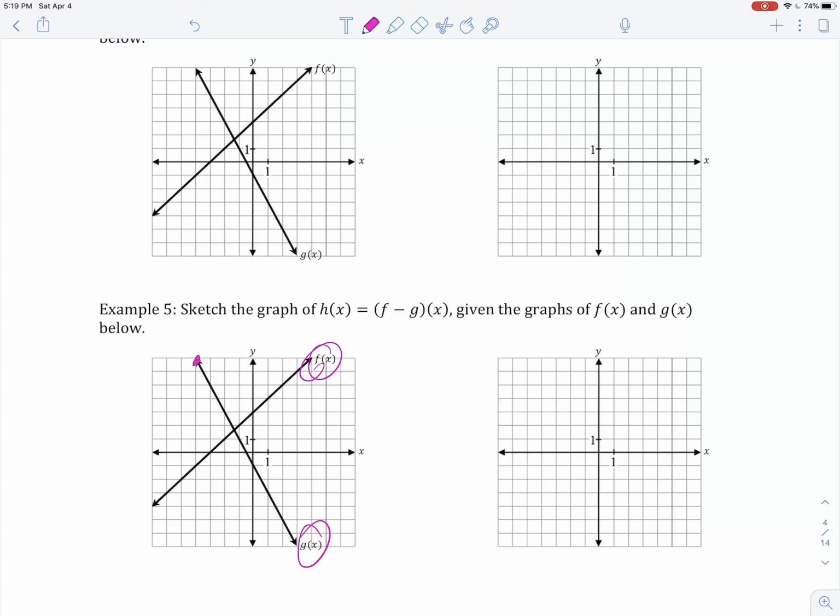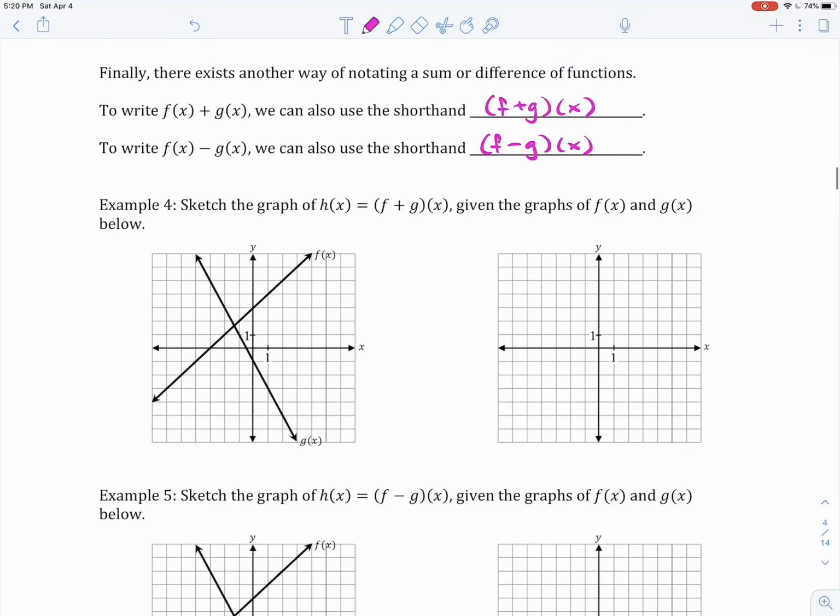I was like, yes, top one is f, bottom one's g. It was not the case. So just be careful of that. Obviously, it doesn't quite matter with the sum because the order doesn't matter when you add things together. But with subtraction, it makes a difference. No pun intended. Give these a try. I'm going to forge ahead soon.